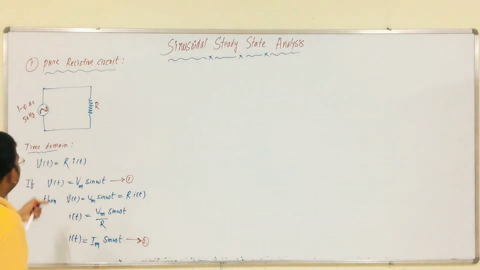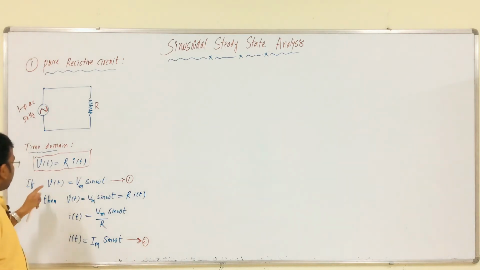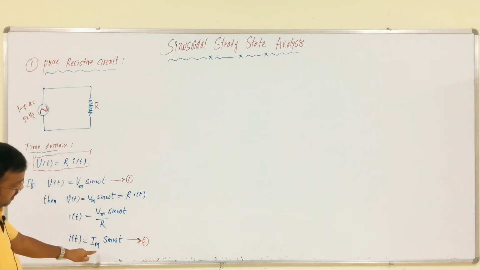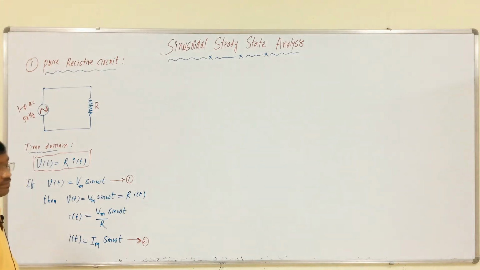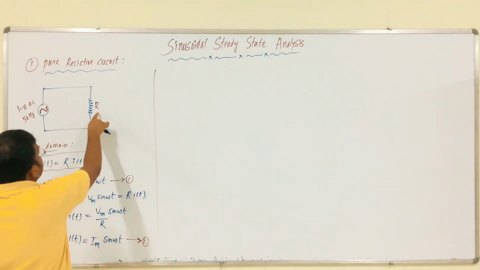Here the main equation is simple: V equals I into R. Let us consider V of t equals Vm sin omega t. From this we got I of t equals Im sin omega t. So, what is the impedance here?